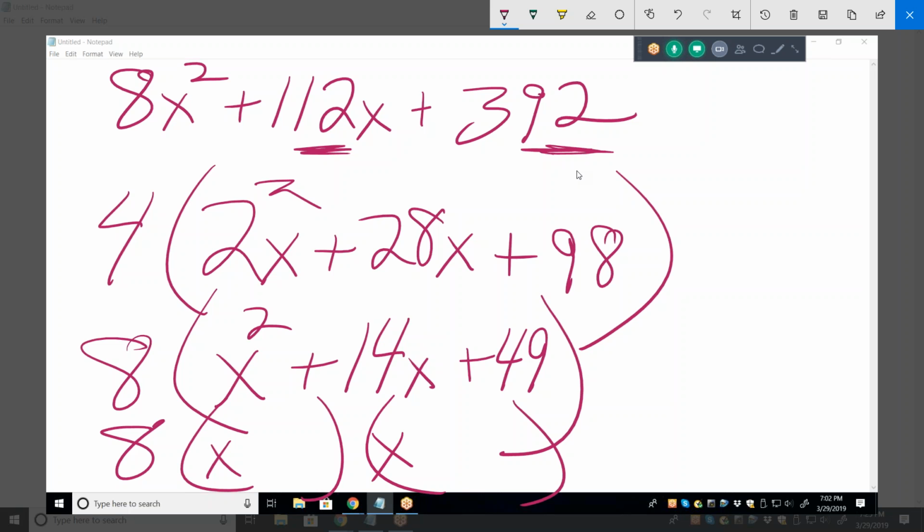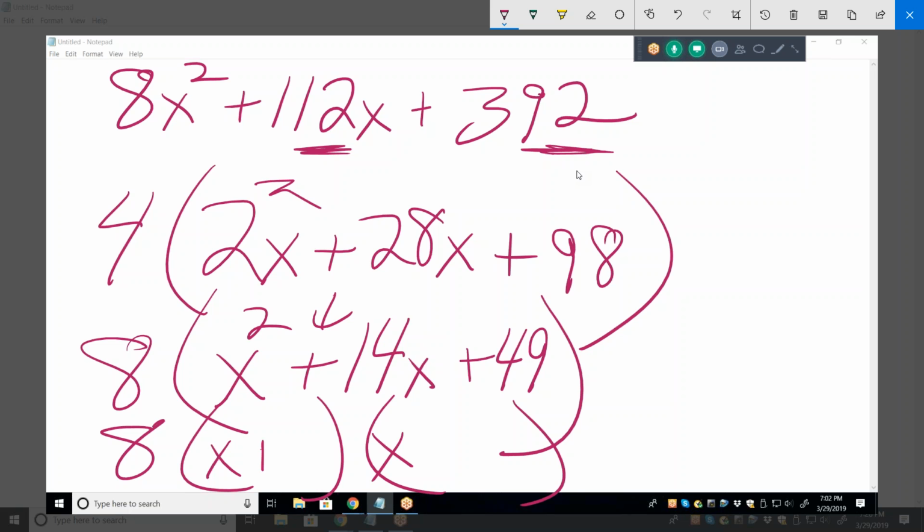Both signs. Not one. Both signs. So both would be pluses. Right. In other words, you cannot produce a plus 49 unless both signs are the same. So it's either plus plus or minus minus. And then you just look to the middle term to see which it is.